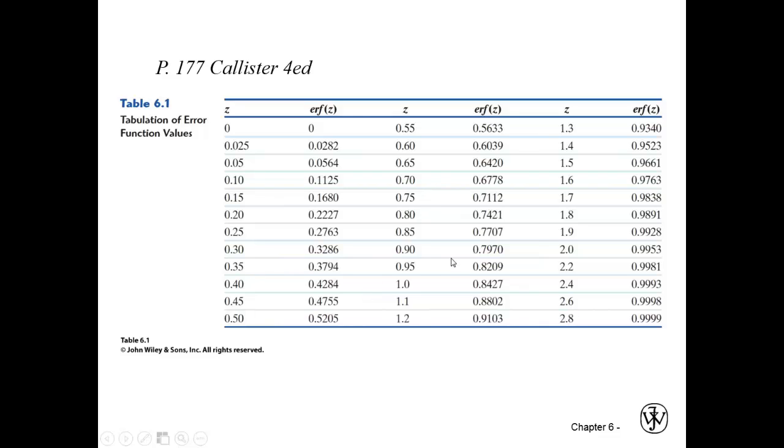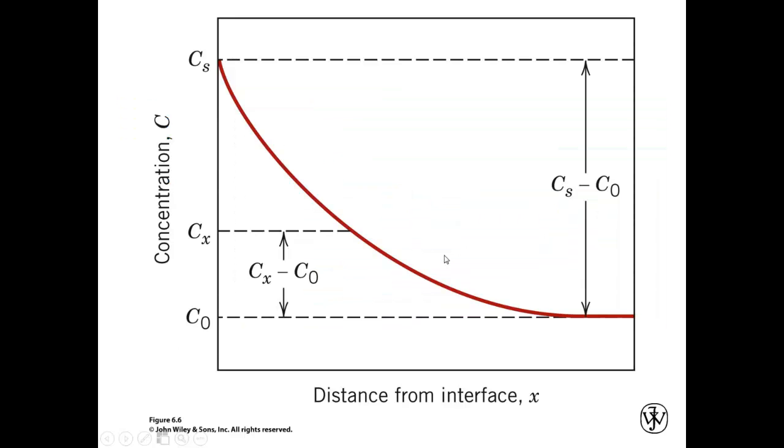So again, this graph indicates that the concentration at the surface is the maximum concentration we'll get on this curve. And if x is this distance from the interface, then we have a concentration right here.